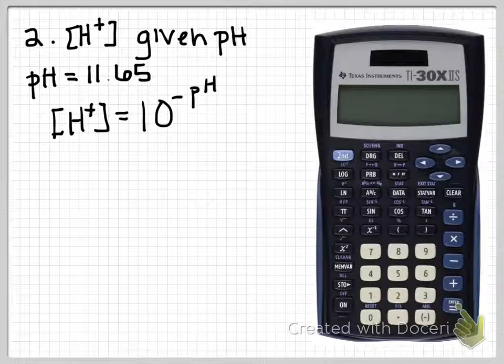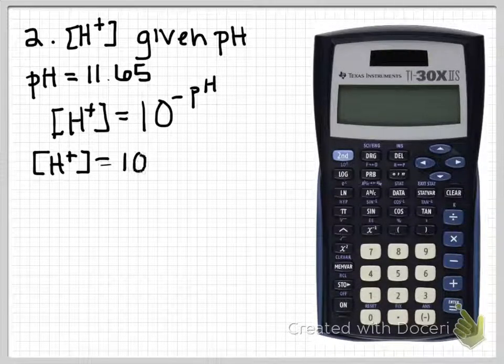So in the world of logs, this is the inverse of the log, by definition. So we're going to actually try to calculate H plus equals 10 to the negative 11.65.